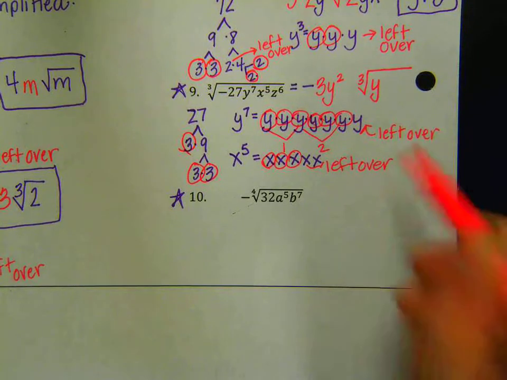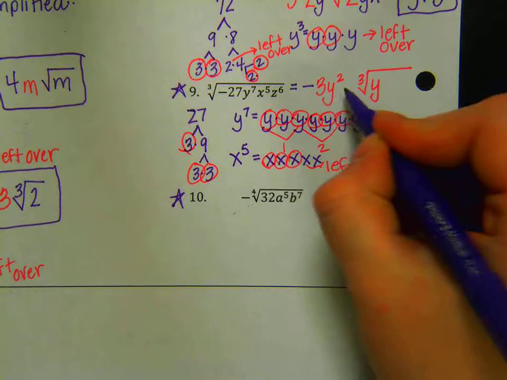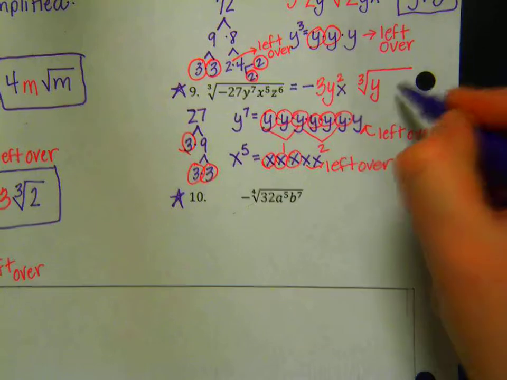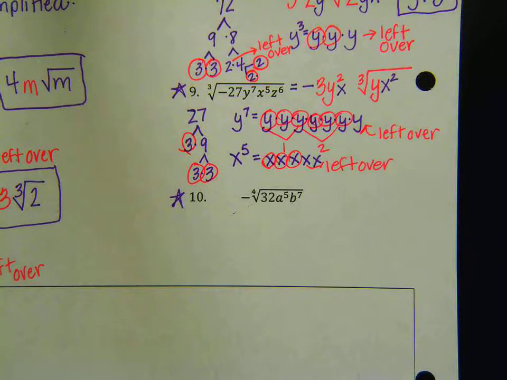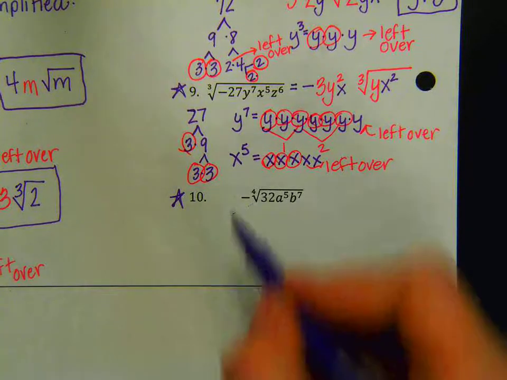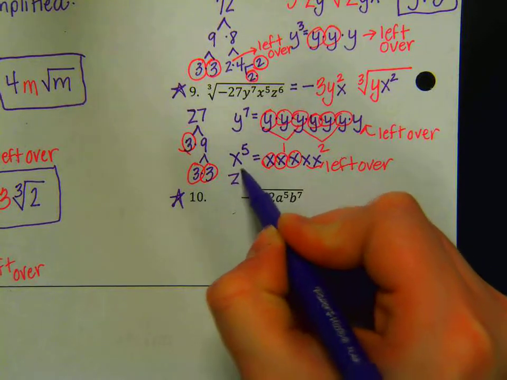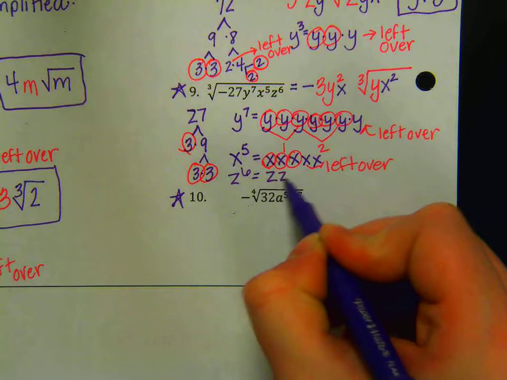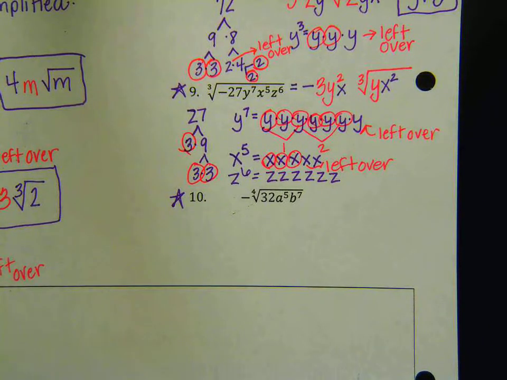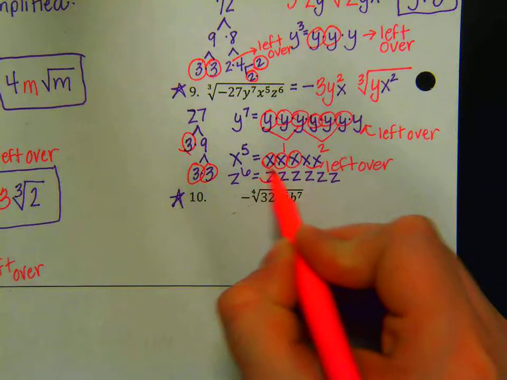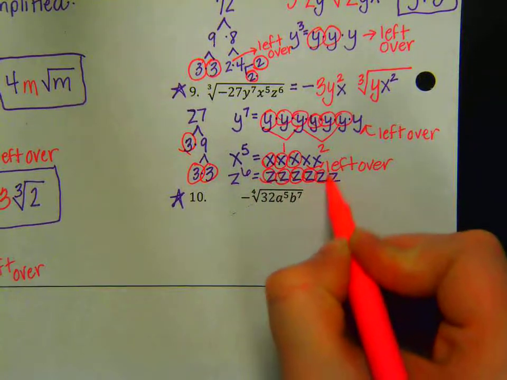So I have 1 x out here, but I have 2 x's left over underneath the radical. And then we have 6 z's. Exactly, z squared. And that goes on the outside.